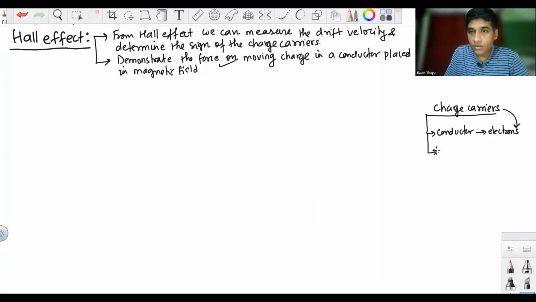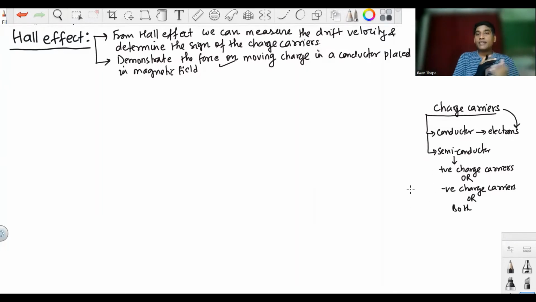And for semiconductor, okay, the charge carriers can be positive, or semiconductor can have positive charge carriers, or it can have negative charge carriers, or it can have both, that is positive charge carriers and negative charge carriers.